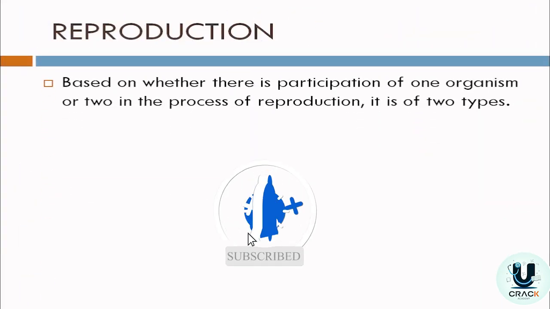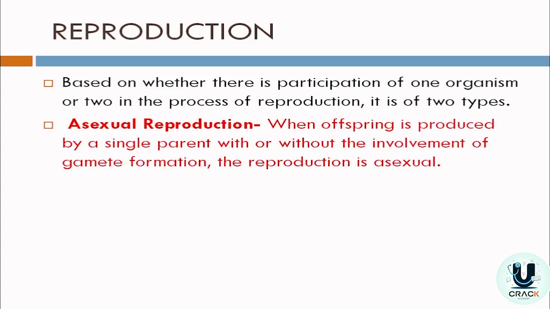Reproduction. Based on whether one single organism or two participate in the process of reproduction, it is of two types. Asexual reproduction is when offspring is produced by a single parent with or without the involvement of gamete formation.